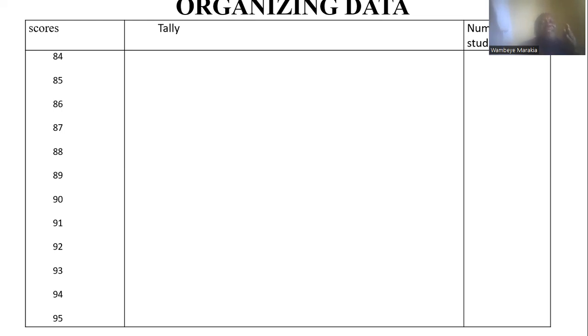We want now to tally it so that we see which value is appearing more frequently, and which value is less represented. By doing this, we will be organizing this data, and we can easily start manipulating it for our statistical analysis. How do we proceed when we are tallying?